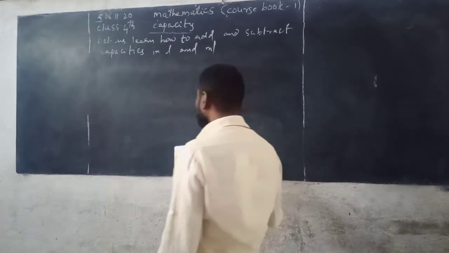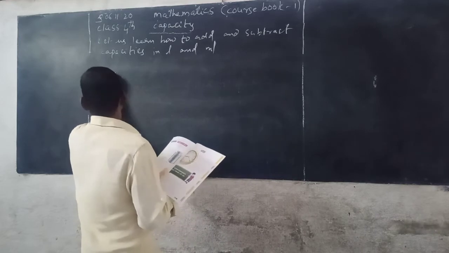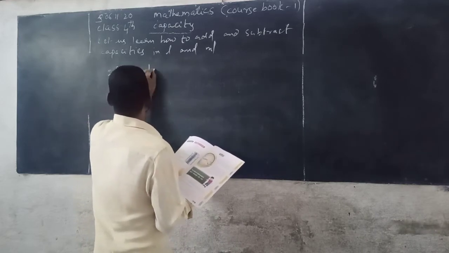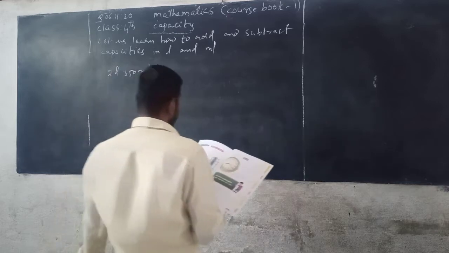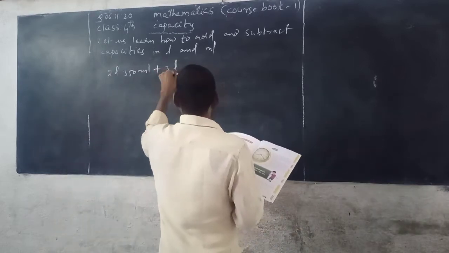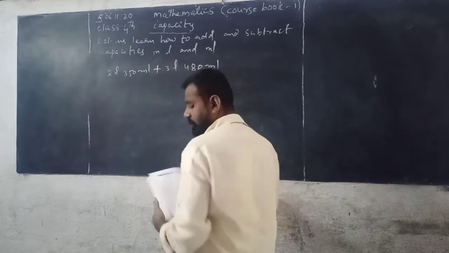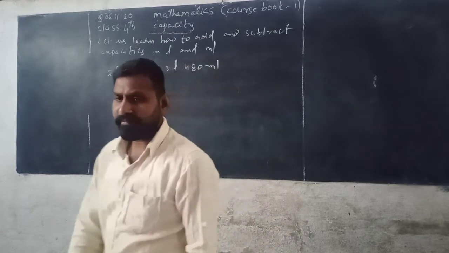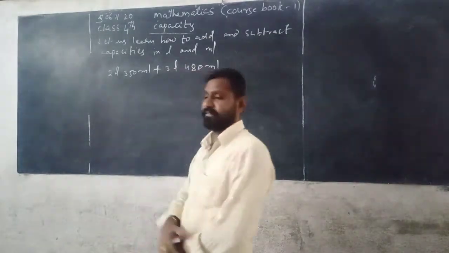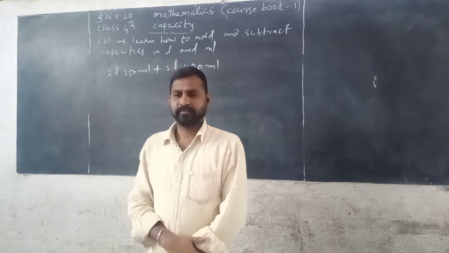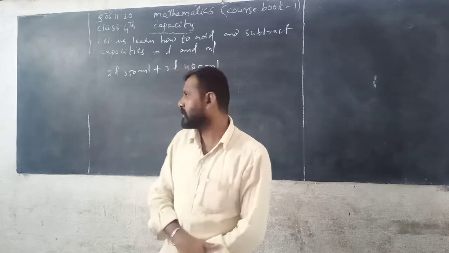So first one is 2 liter 350 milliliter plus 3 liter 480 milliliter. First write down the given values in column form.